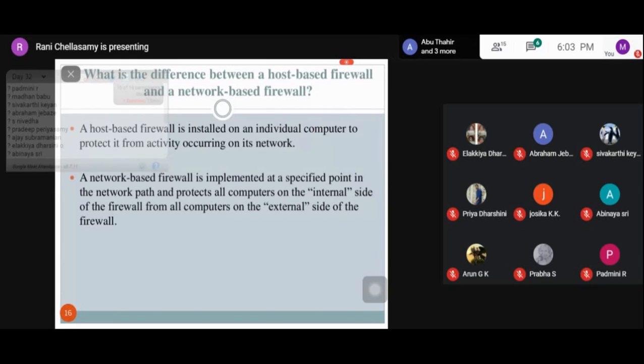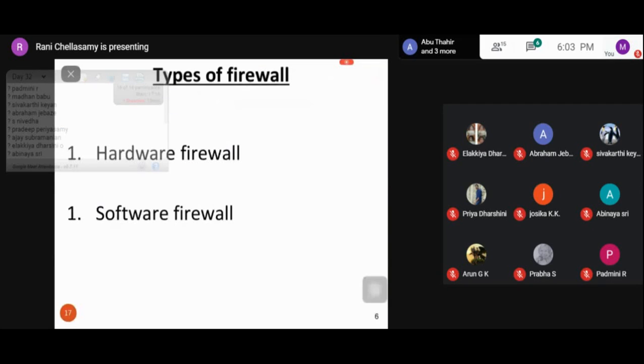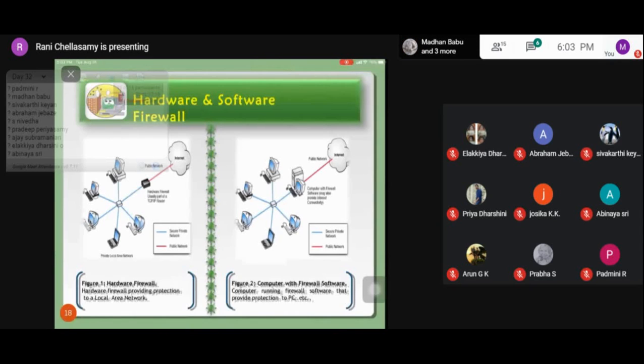Let's see the two types of firewall available. One is hardware firewall and the other is software firewall. What is meant by hardware firewall? The first picture depicts the hardware firewall. See here, these are all the systems connected together, and this is your internet and this is your public network.